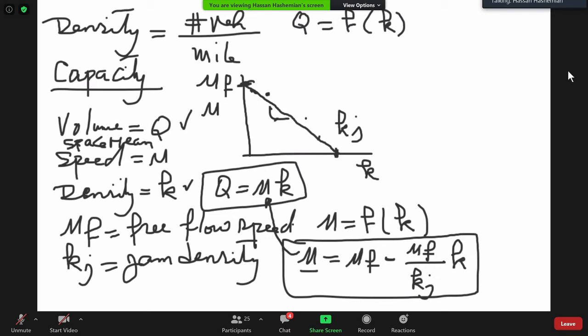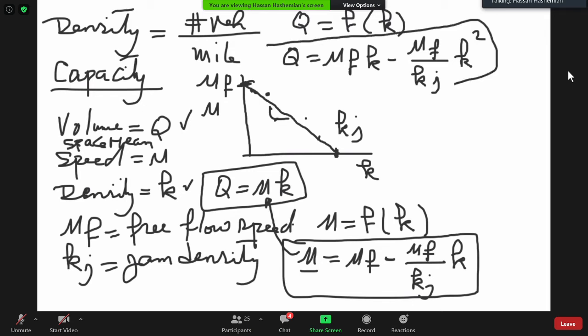So that will be Q equal to mu F times K minus mu F over Kj times K squared. So I just substitute mu into Q equal to mu K. So this is Q as a function of K.